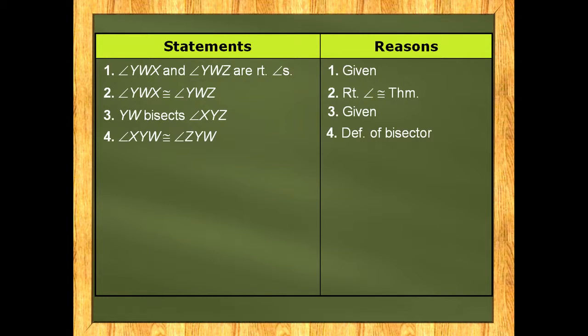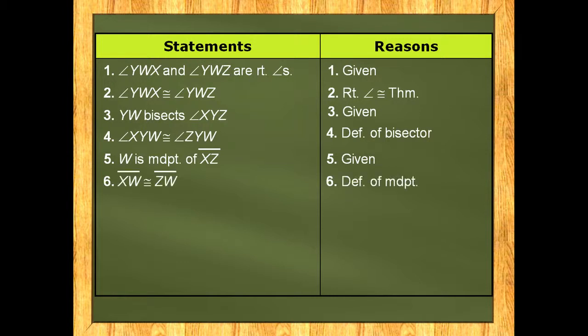It cuts an angle in half. W is the midpoint of XZ, that's given. XW is congruent to ZW, that's the definition of a midpoint. And YW is congruent to YW, that's the reflexive property of congruence.